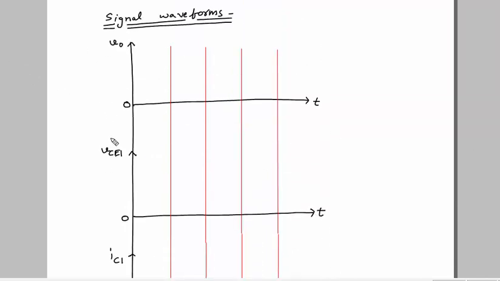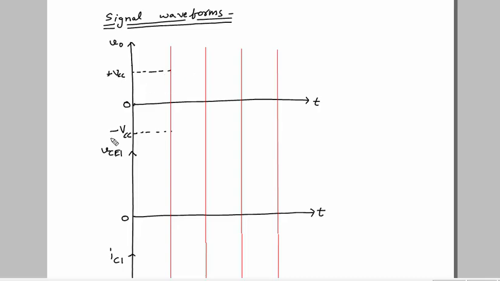Suppose this is plus VCC and this is minus VCC. So V naught will swing between these two values. First it will go to plus VCC.